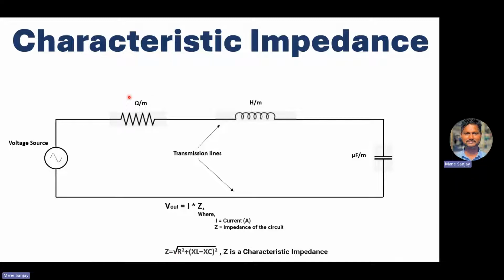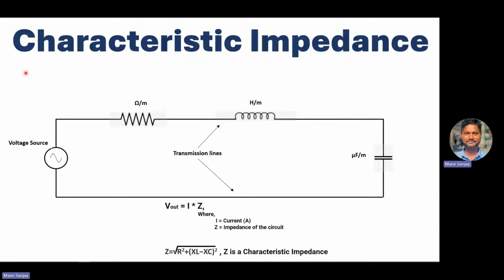R is a resistance. This is an impedance, right? These both terms talk about the inductive impedance and the capacitive impedance. So this is how the characteristic impedance is calculated with the help of this equation for the transmission line.